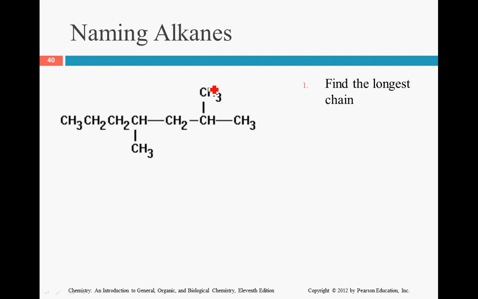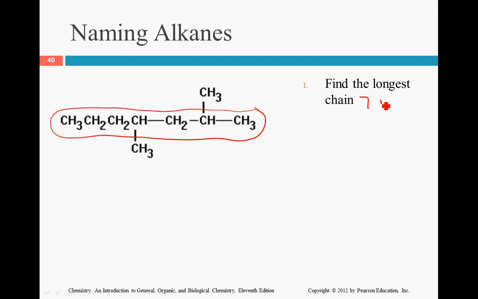First thing you want to do is find the longest chain. So we have 1, 2, 3, 4, 5, 6, 7 if we go that way. 1, 2, 3, 4, 5. 1, 2, 3, 4, 5. 1, 2, 3, 4, 5, 6, 7. So it looks like 7 is going to be our longest chain. Just so happens that that's the chain in the middle.